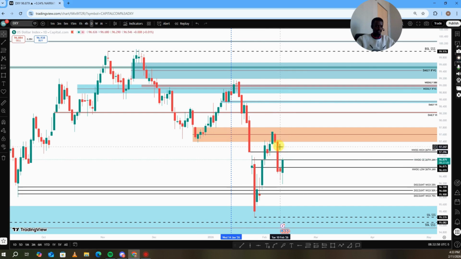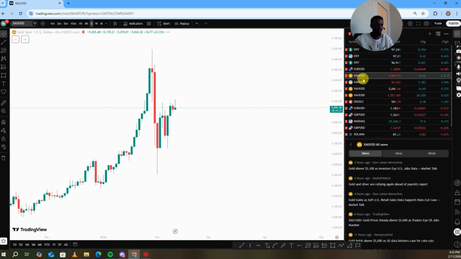And once we see that, and that will be proved by the formation of a swing high and a bearish candle that drops lower, that will be confirmation that we are likely to come for this level first, then this, then this. After we've traded to these zones, if we see a strong breakthrough them, then this low will obviously be the next draw on liquidity. So that's how I'm looking at dollar, and that's how I'm also looking at gold and silver.